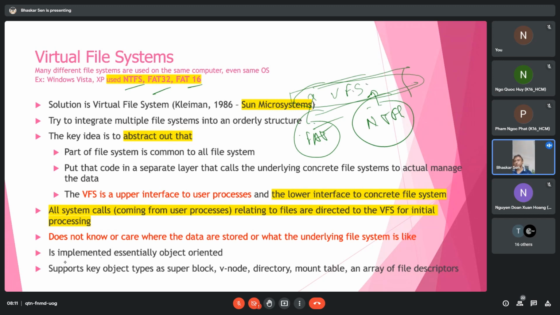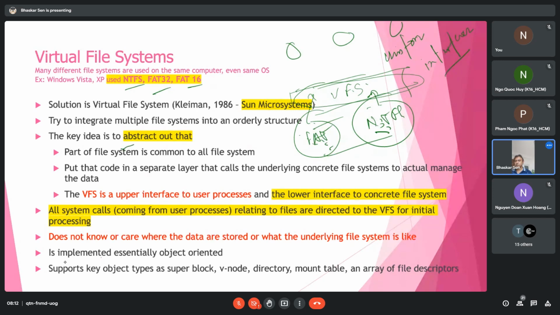These were the common parts, and these are the specialized parts. So now any process that wants to interact with any of these file systems doesn't have to worry about whether it has to deal with NTFS or FAT16 or FAT32, because now you have what we call a uniform interface.